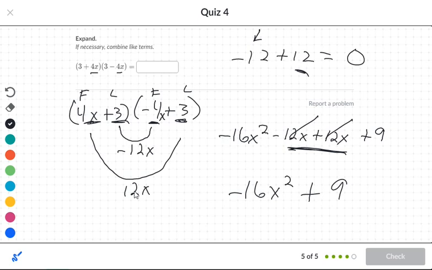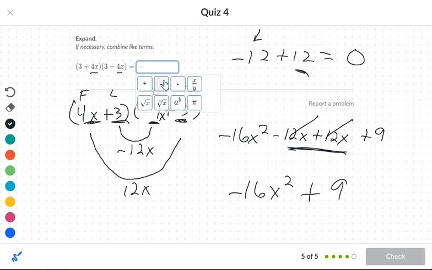If the parentheses were the same, then your middle terms would be the same. But if your last terms are opposite, the 4x and the negative 4x, then you're going to have an opposite term here. But you have to make sure that the beginning terms are the same at least. In this case, we do see a negative 12x and a positive 12x.